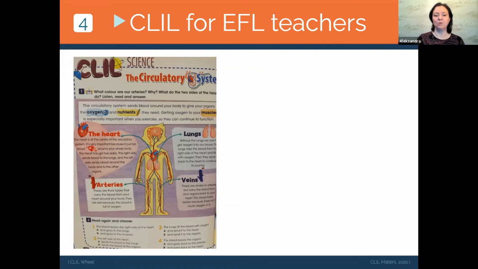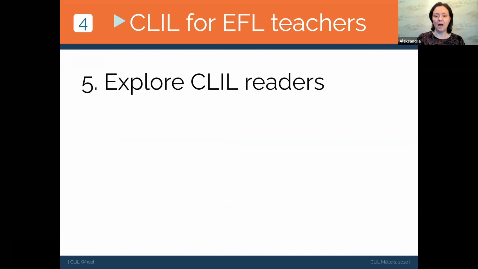Go and explore those. And you can also explore CLIL readers. By exploring CLIL readers, you may have one box ticked off, that you can choose the language level. You can adapt the language level of the reader to your students.